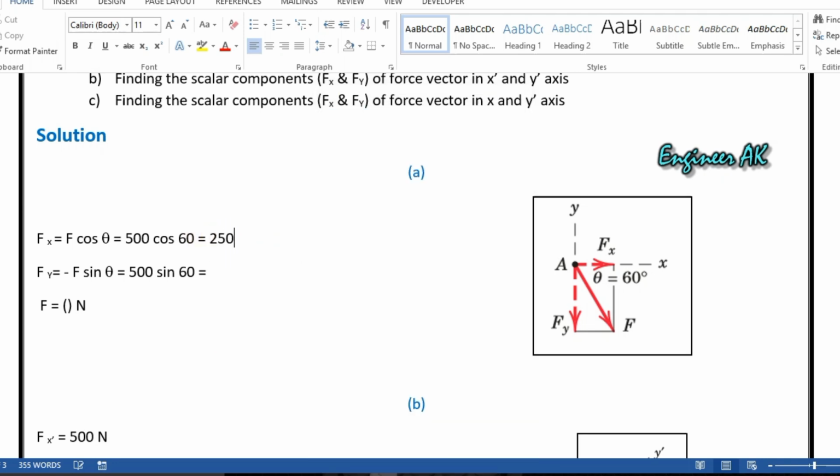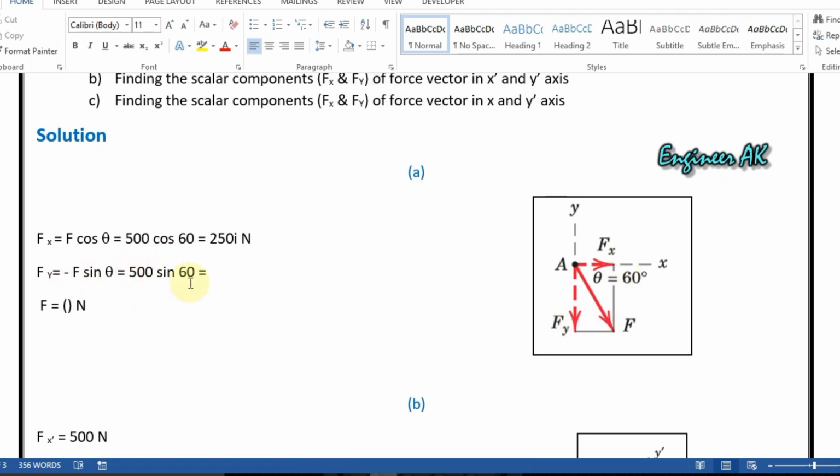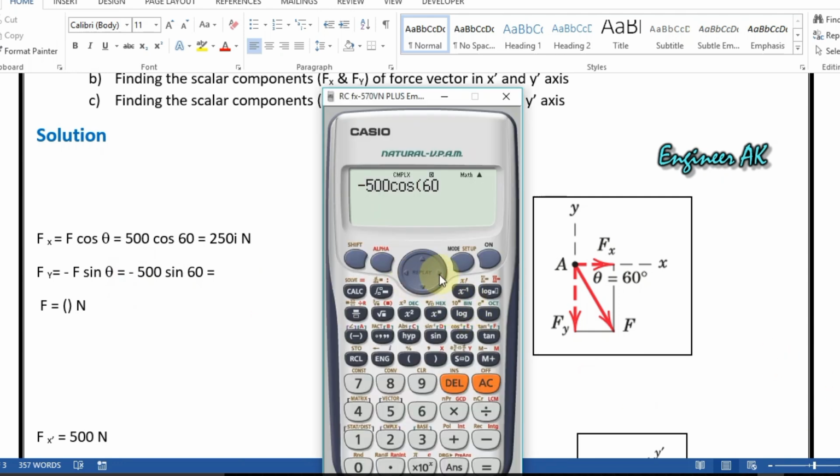250 Newton. Let me write here i, because we want to find it in terms of unit vectors i and j. And the second one is minus, because it is acting downward. Let me write minus here as well, and instead of cos it will be sine.